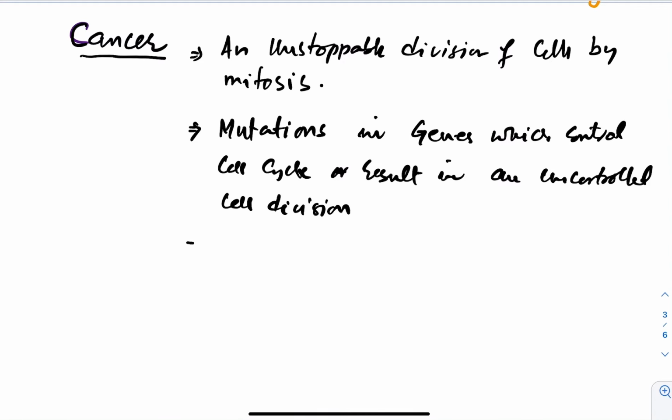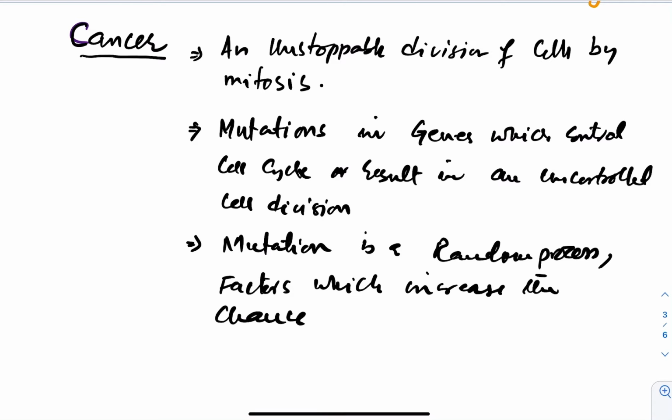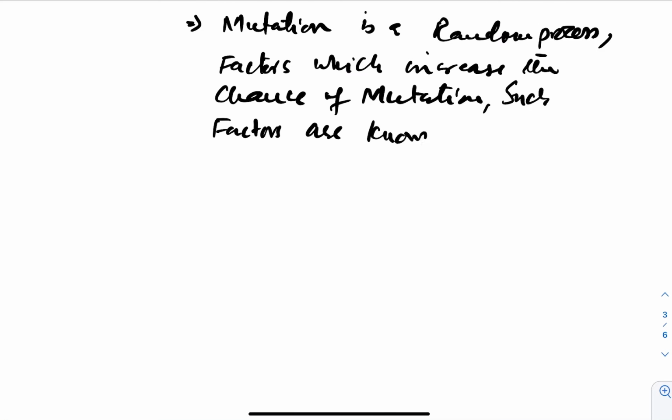Mutation is a random process. However, there are some factors which increase the chance of mutations. Such factors are known as mutagens.